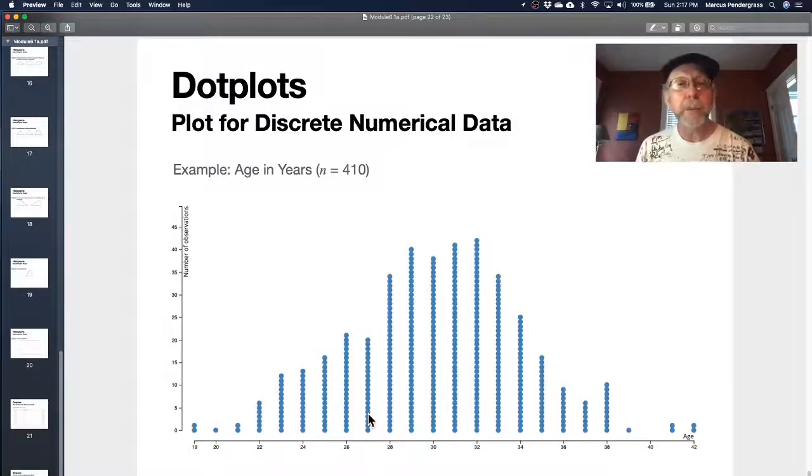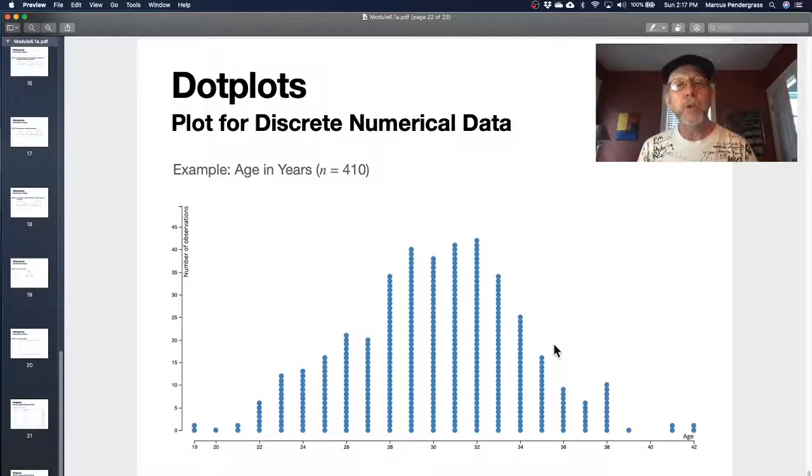So this is a dot plot for discrete numerical data. But again, you can assess the basic shape of the distribution very much in the same way as you would for a histogram.